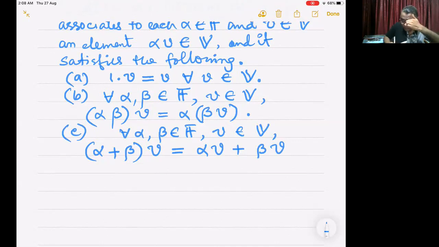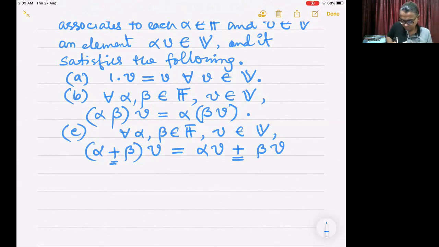Remember that one addition is happening over the field and the other addition is happening over the vector space. But this distributivity property would be there.